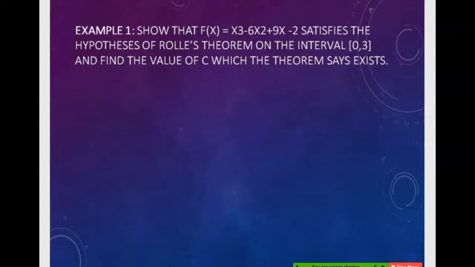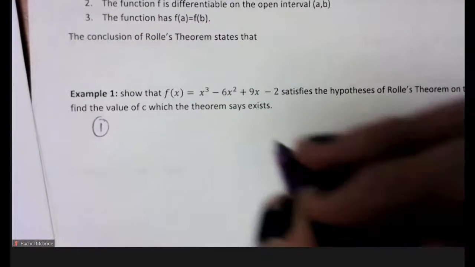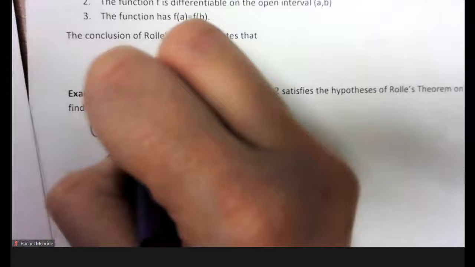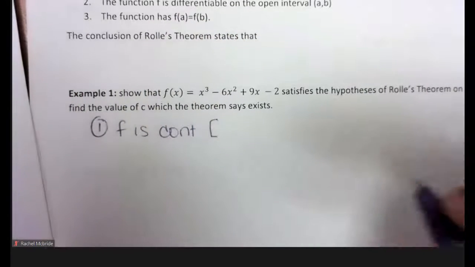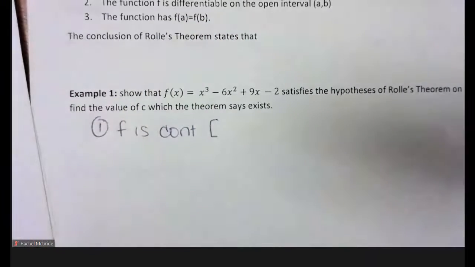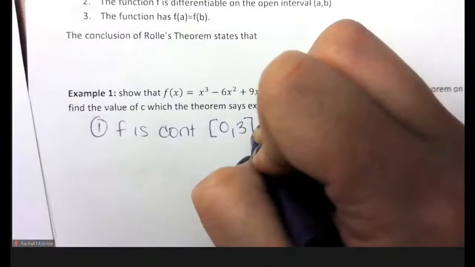So what do we need for Rolle's theorem? In order to prove Rolle's theorem, you must state f is continuous and list it as a closed interval, and differentiable as an open interval, but you must list it for each part.